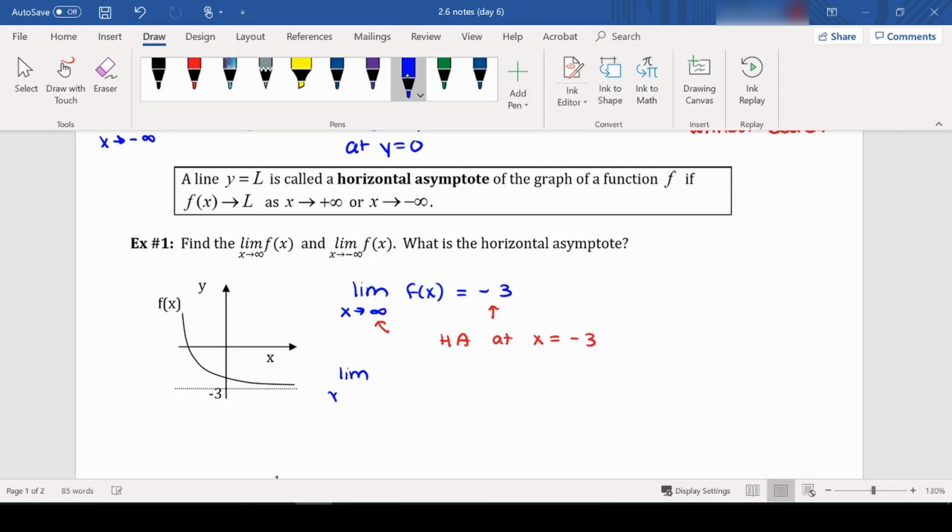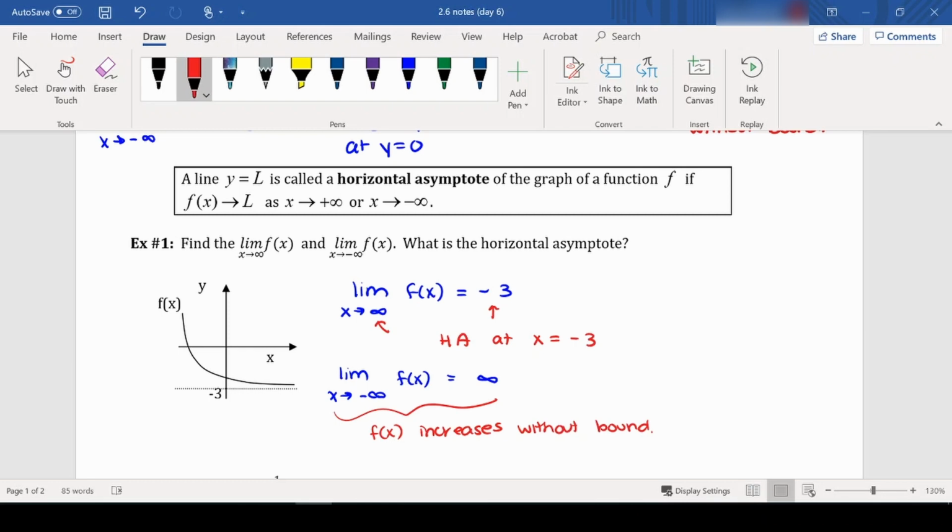If I take a look at the limit as x approaches negative infinity, we see that as I head to the left forever, my graph goes up forever. It approaches positive infinity. So this would be one where we increase without bound. Again, we would pay attention to where x is approaching to tell us which direction we're increasing forever.